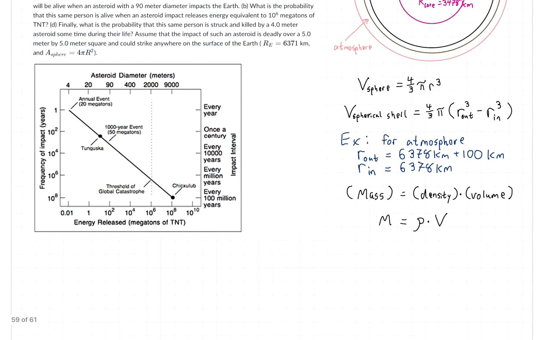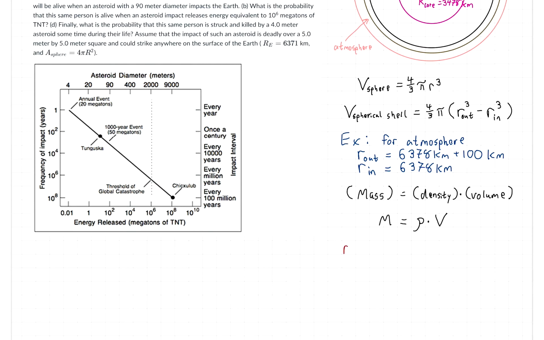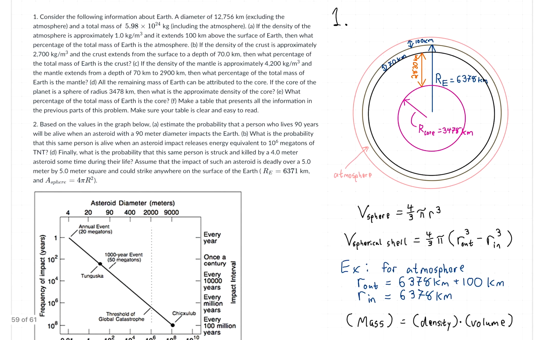Okay, and then one of the last things that you're asked to do throughout this problem is to take a ratio. So we'd want to find the ratio of masses. If we look at the wording for part A, for example, I ask, what is the percentage of the total mass of Earth that is the atmosphere?